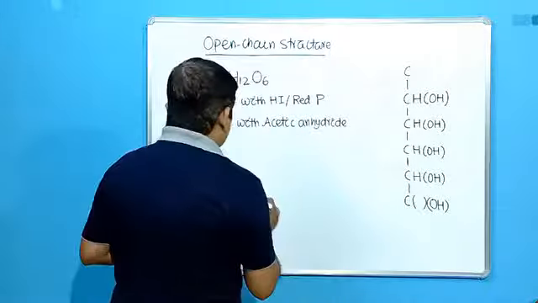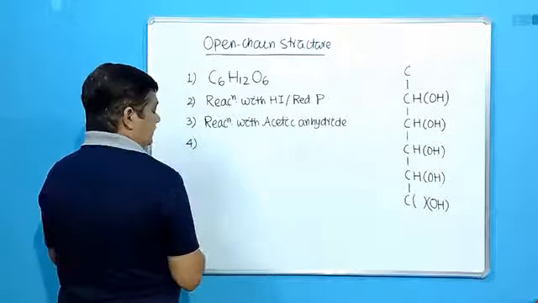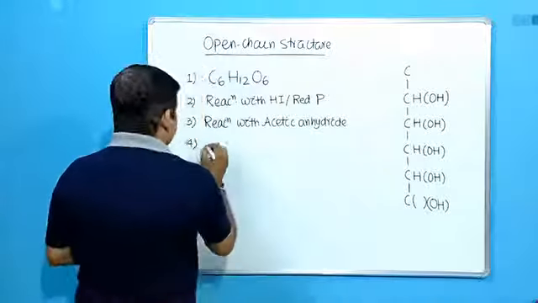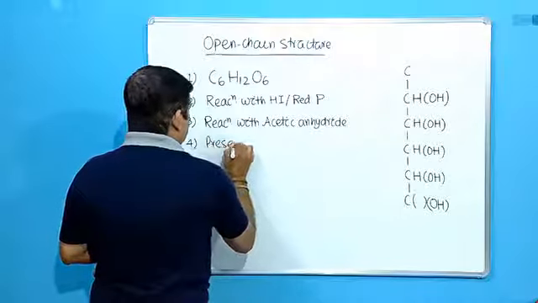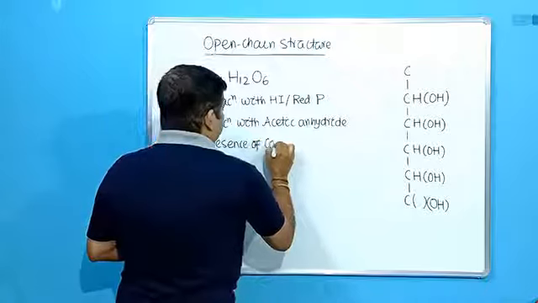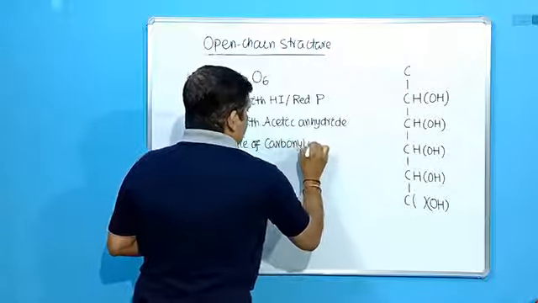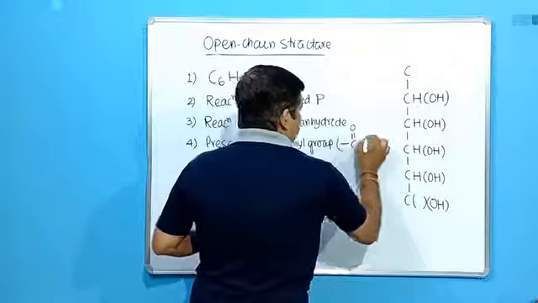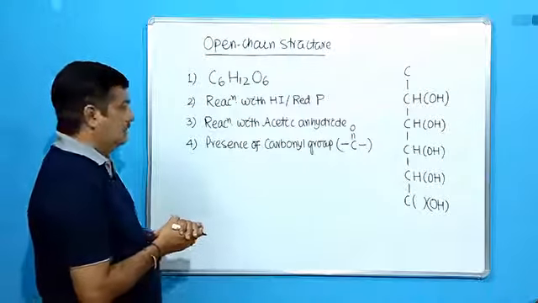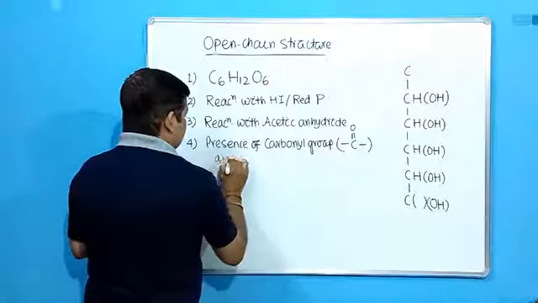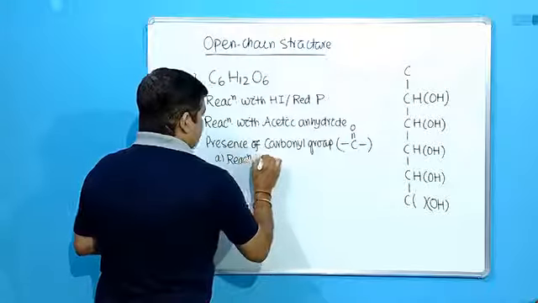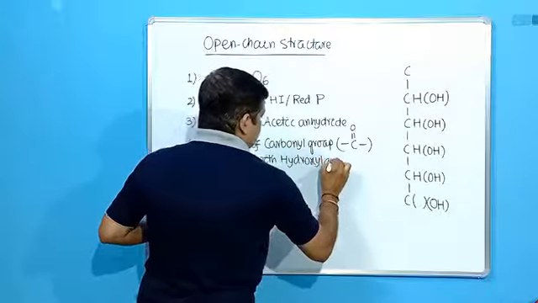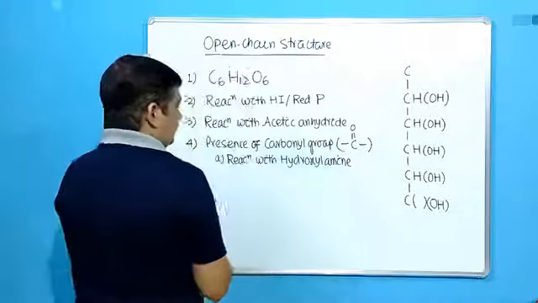Then next, the reaction with hydroxylamine and hydrogen cyanide confirms the presence of a carbonyl group, that is C double bond O, in glucose. The reaction with hydroxylamine produces glucoxime.